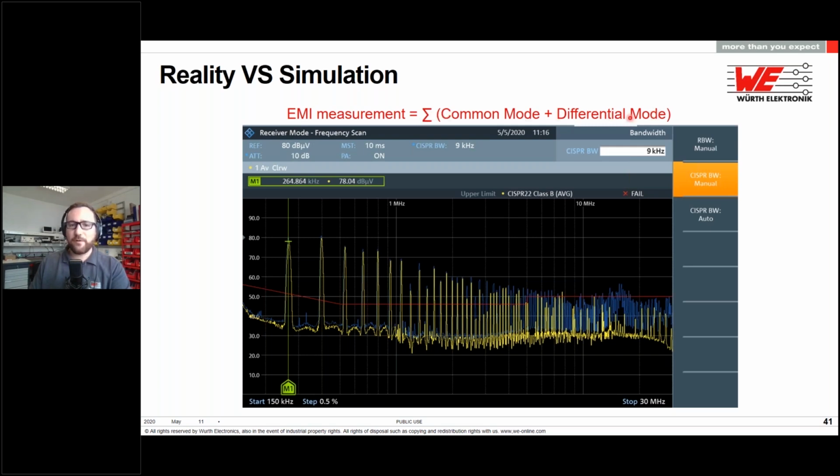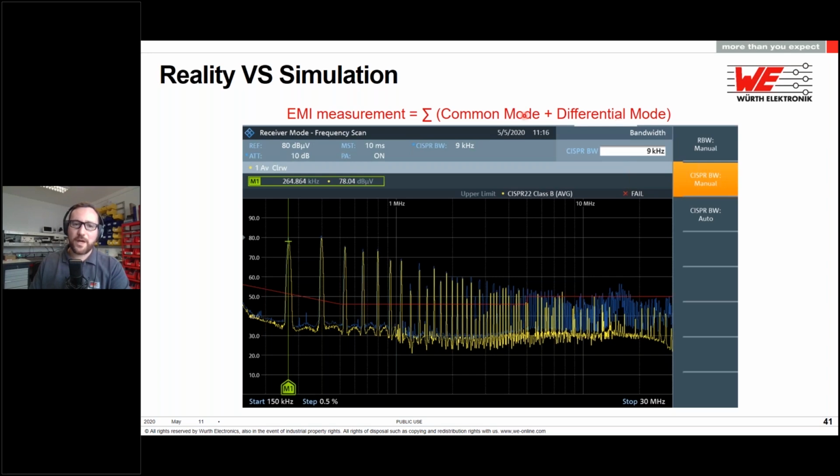The differential mode is quite obvious, and it's mostly 10% of the problems when it comes to EMC. But the common mode is a bit more tricky. And when we are at the EMC lab, we never know, or we very rarely know, what is the contribution of the common mode and the contribution of the differential mode.